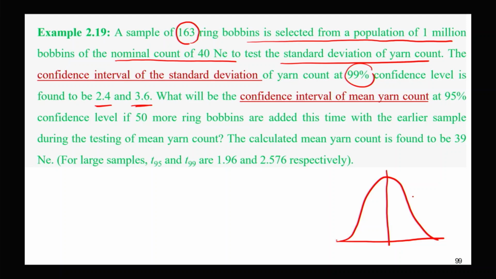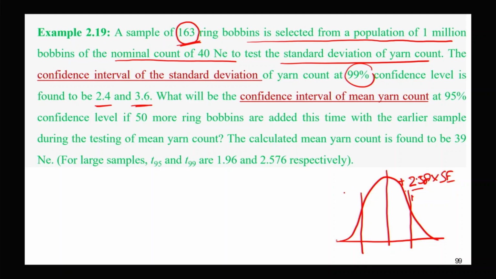So confidence interval here means, at 99% level, as we have taken a large sample, the t value is 2.58 multiplied by standard error.